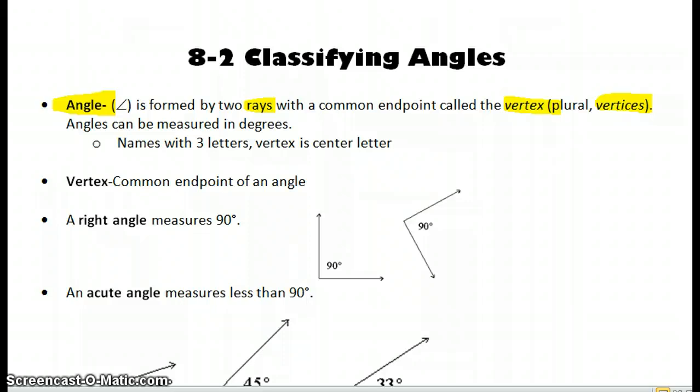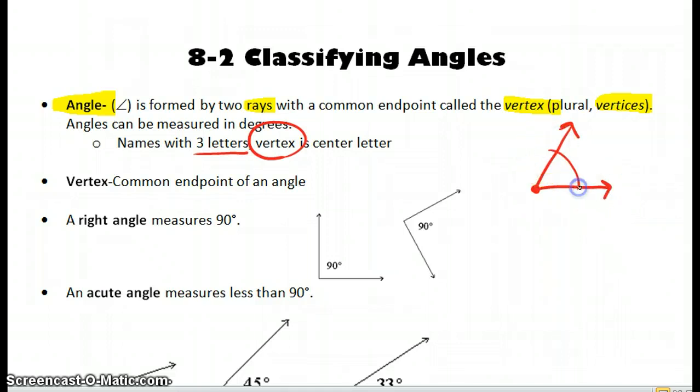And when we label an angle, we use three letters, with the vertex, that special word for corner or common endpoint, in the middle. So I'm going to make an angle, and you notice I have rays coming out of my vertex because this angle continues forever in both directions of my lines, my rays.